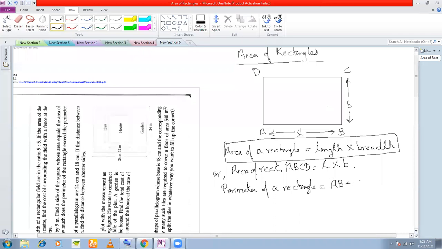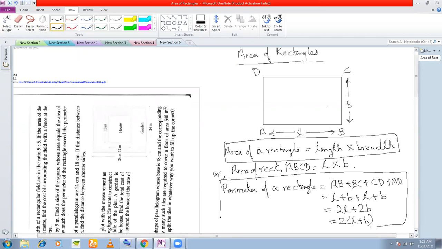So AB plus BC plus CD plus AD, which is equal to L plus B plus L plus B, which is 2L plus 2B, twice (L plus B). So this is the perimeter of the rectangle. You can remember the perimeter of the rectangle as twice (L plus B). So these you have to remember. Now, based on this, let us do a problem.